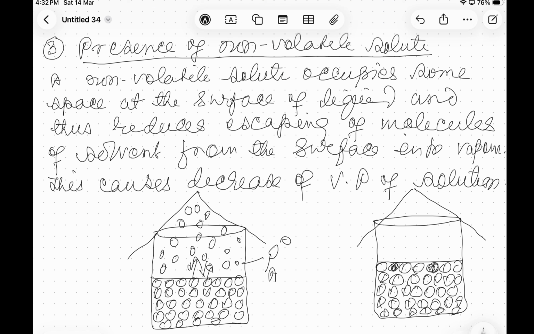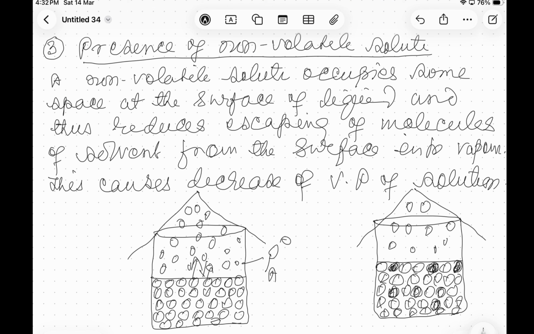Suppose these hard balls are sugar molecules. These hard balls occupy some space at the surface and reduce the evaporation of water molecules, reduce the escape of water molecules into the vapor.